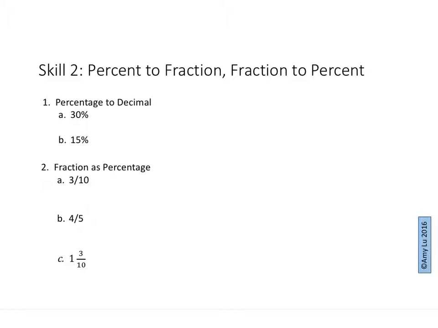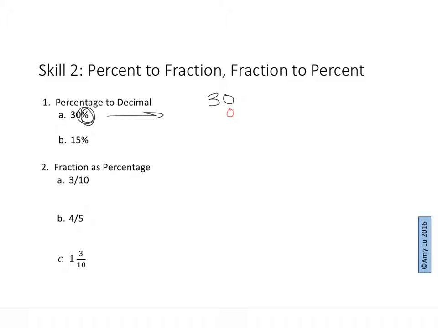In the second skill, we're going to be learning how to change a percentage to a decimal and a fraction to a percent. So percentage to a decimal is just the backwards of what we just did earlier. So here, you would write down your 30, and because I know it's a percent, it's out of 100, I'm going to write my 100 very carefully.